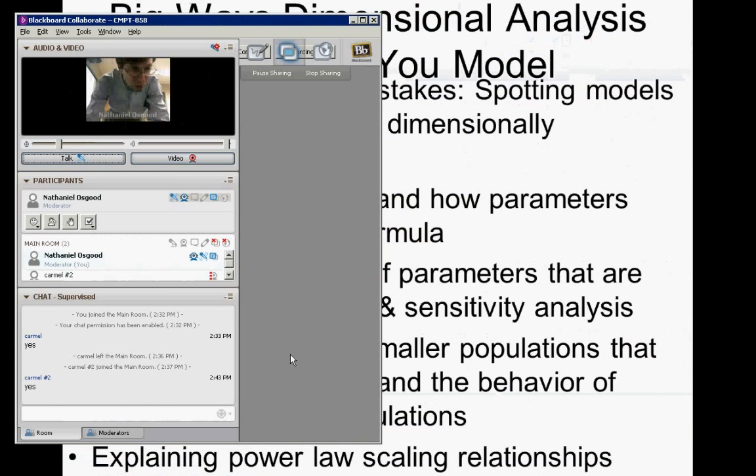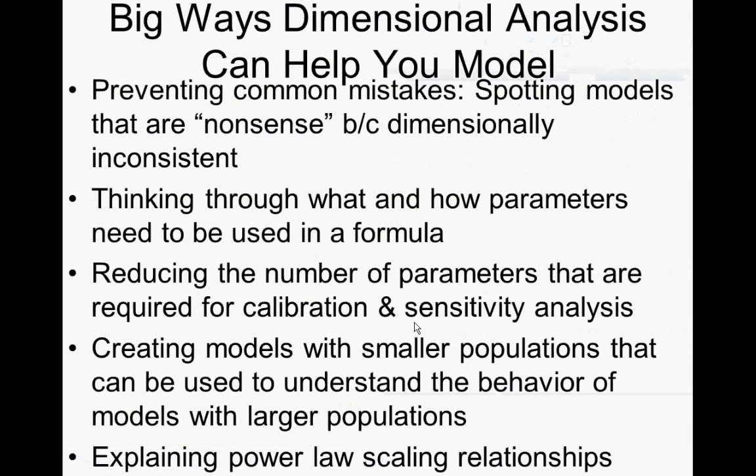Okay, can you folks still see my slides there remotely? Yes, okay, good. So one of the problems that we have with calibration that we talked about last time is that as the number of parameters you're calibrating goes up, it takes a longer time to calibrate because you have to explore a larger dimensional space.